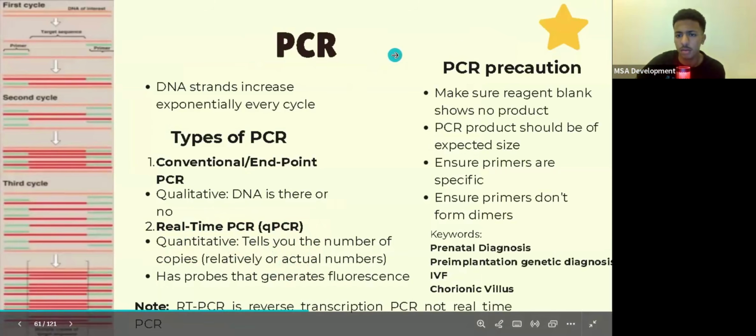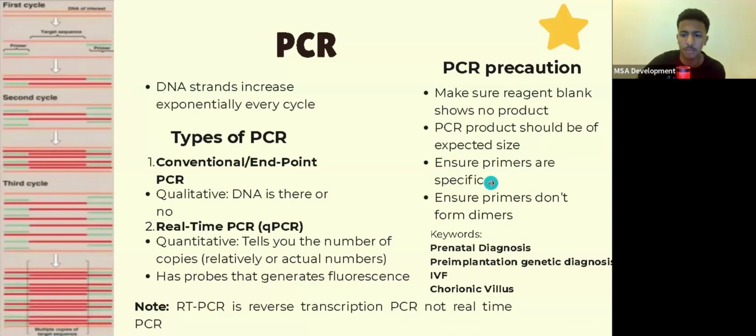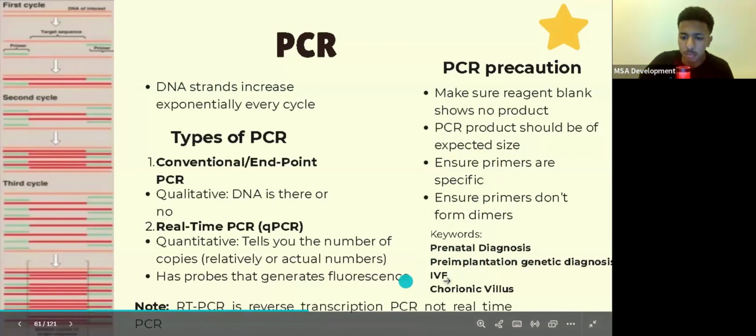These are some precautions for PCR. Just read through them. And some important keywords. The way I'm thinking of your final, it's going to be more clinical, more application based, and so they might actually question you on this. Some keywords, if you find them, the answer is immediately PCR: prenatal diagnosis, preimplantation genetic diagnosis, IVF, chorionic villus.